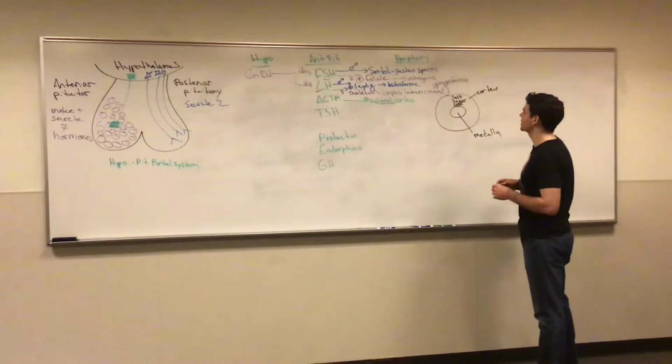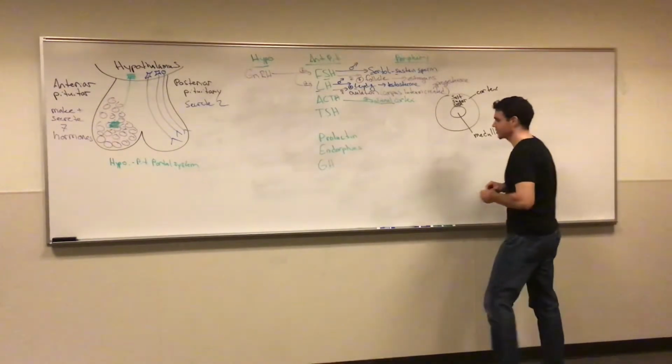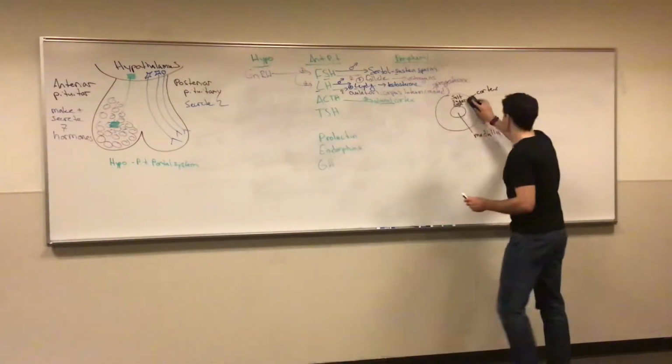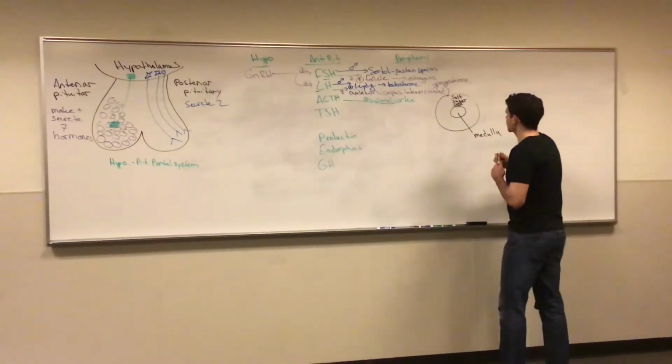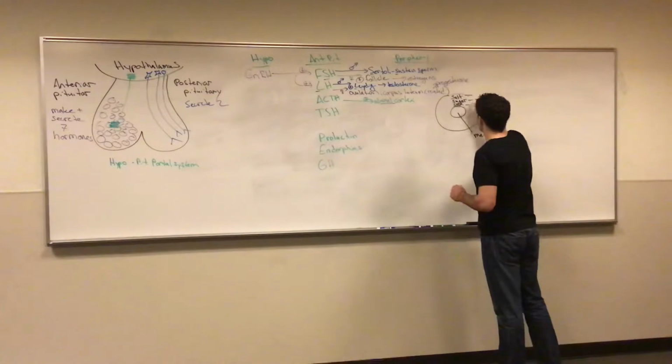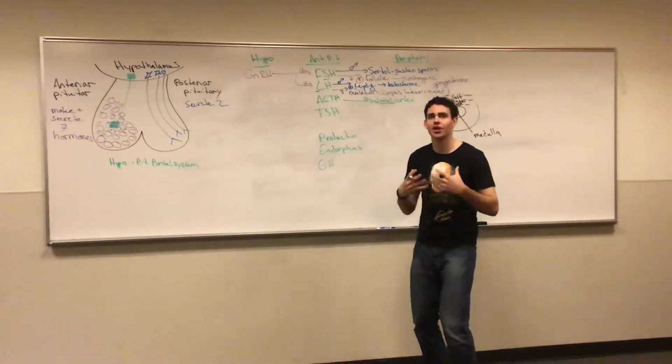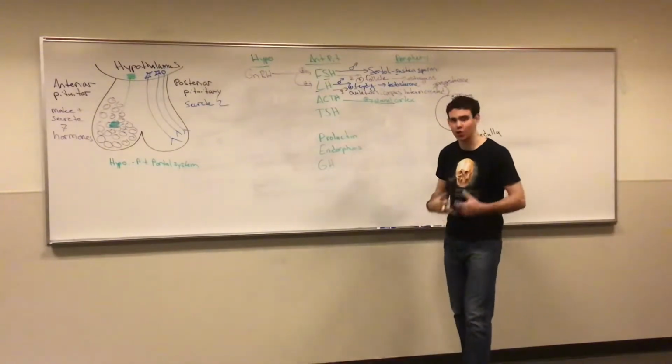So what do these names correspond to? This is tricky, and I think most people don't really see this. These are from the cortex. They're corticoids, right? We call them corticoid hormones.